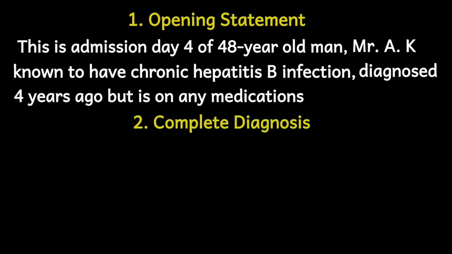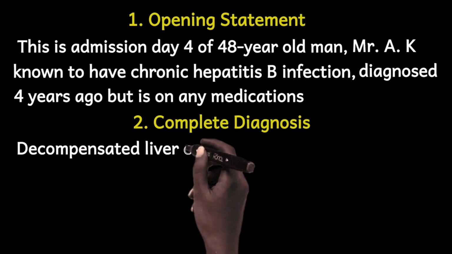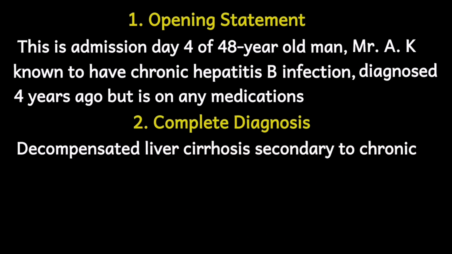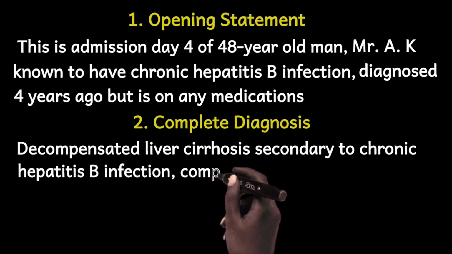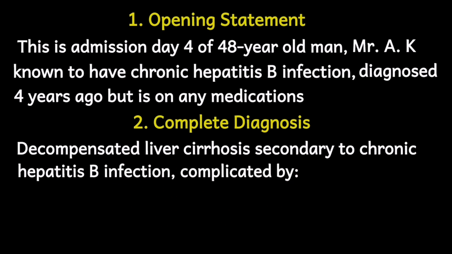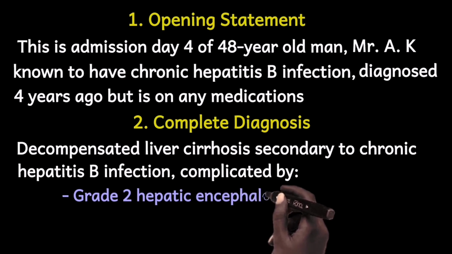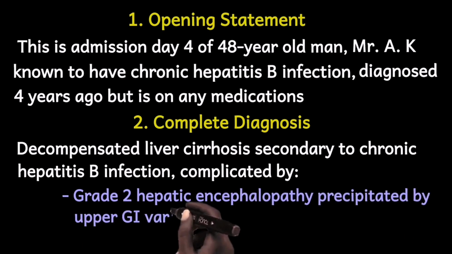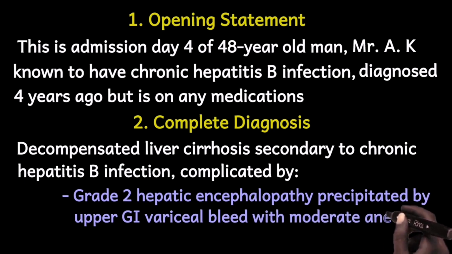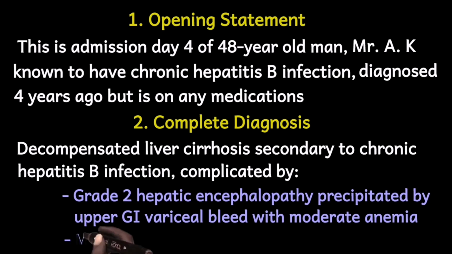Currently, we are managing him for decompensated liver cirrhosis secondary to chronic hepatitis B infection and complicated by grade 2 hepatic encephalopathy precipitated by upper GI variceal bleeding with moderate anemia. And the second complication is moderate ascites.